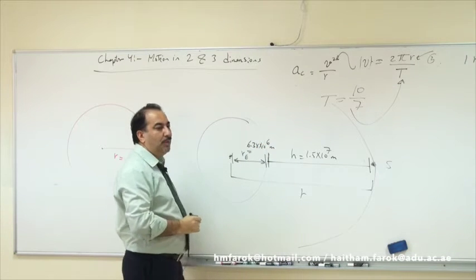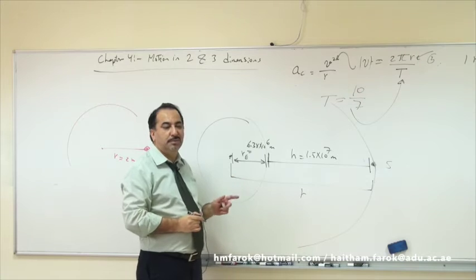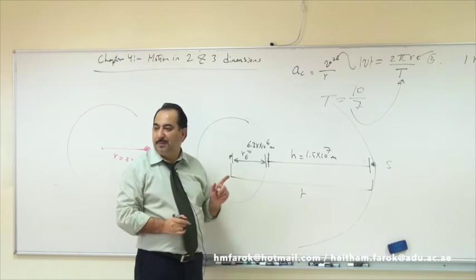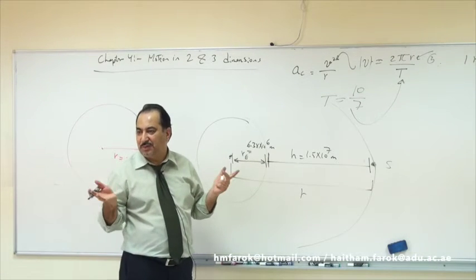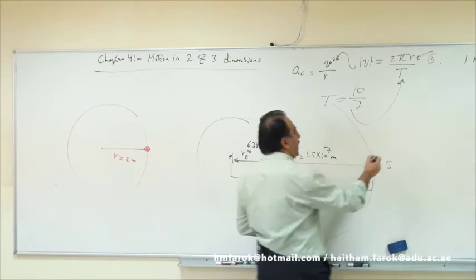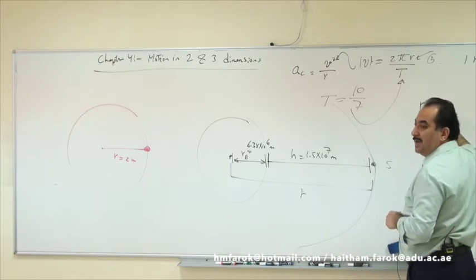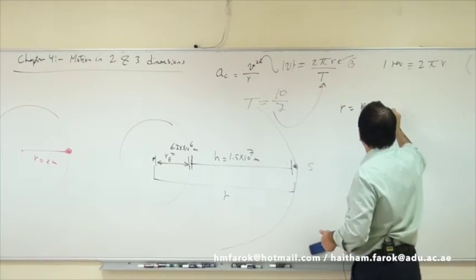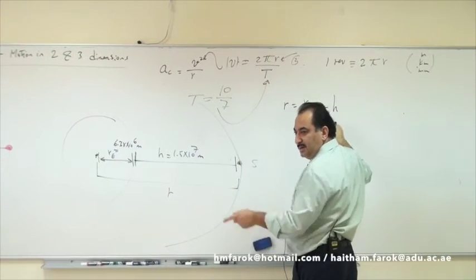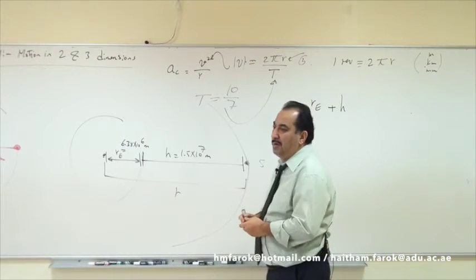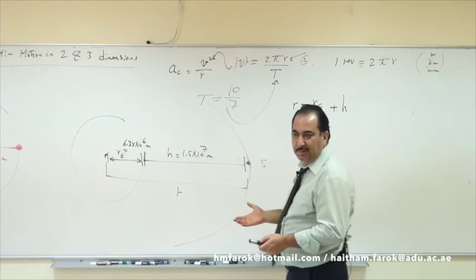Meters. So what's the radius in this circular motion? H plus R_E. This is the idea. Nothing special. So whenever you have satellites and you have radiuses, the R is R of the planet, here Earth, plus how far it is, H.